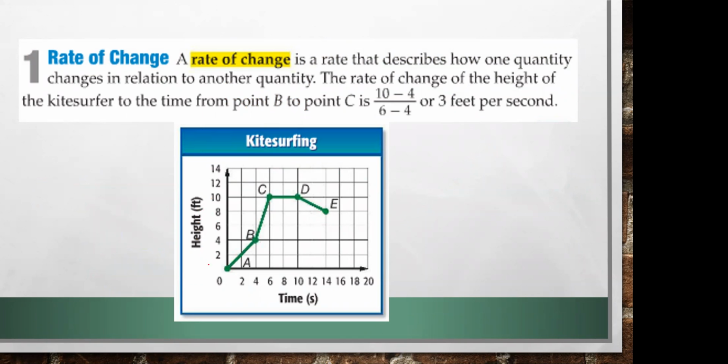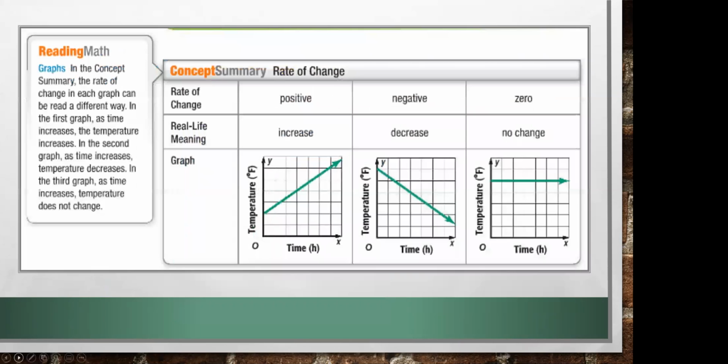So the rate of change of the height of the kite surfer to the time from point B to C is 10 minus 4, and then 6 minus 4, okay, or 3 feet per second, okay? So we want the change in the variable on the y-axis, and then the change in the variable on the x-axis, okay? So we need to be able to find ordered pairs, okay?